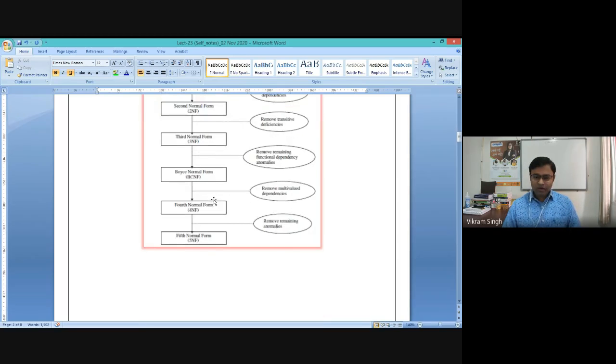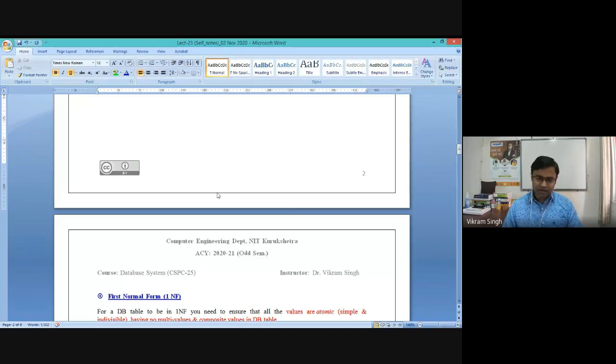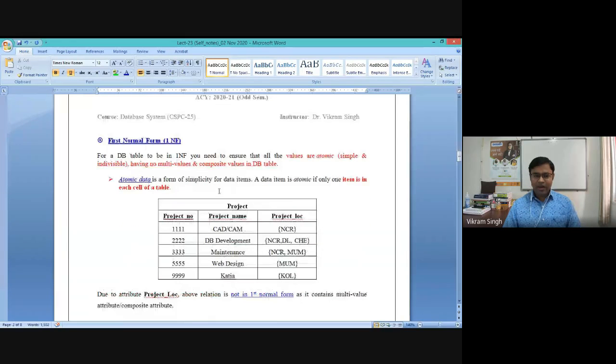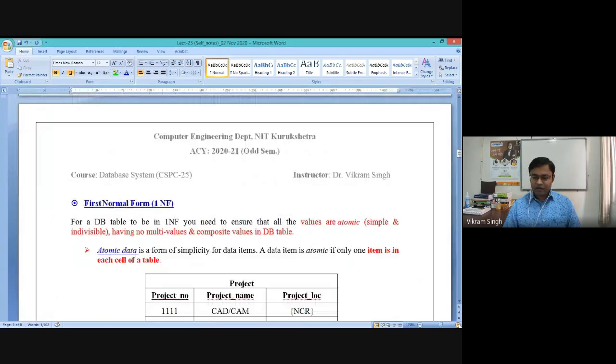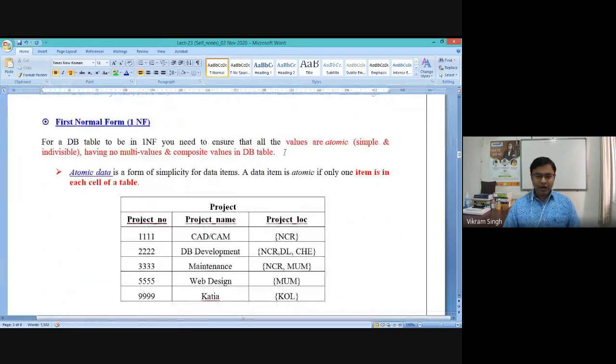Now we are going to understand each and every normal form by looking at its internal process. Along with it, we will be discussing the conditions, definition or constraints defined on each normal form. As you can see, the condition for first normal form is a simple condition.